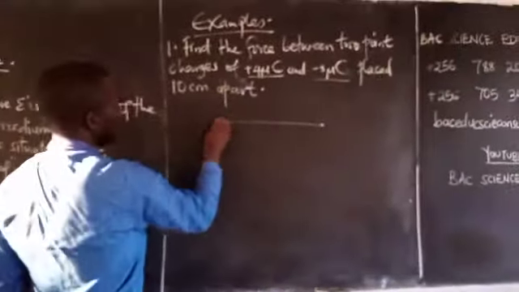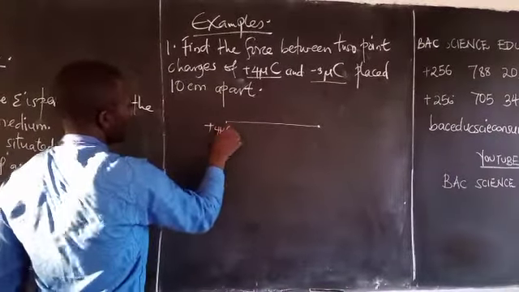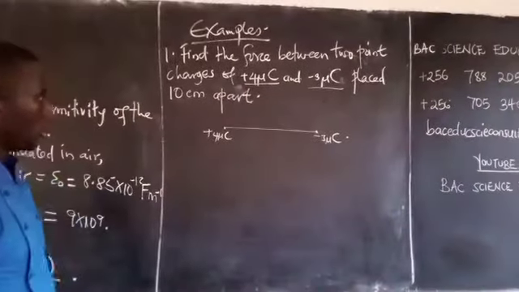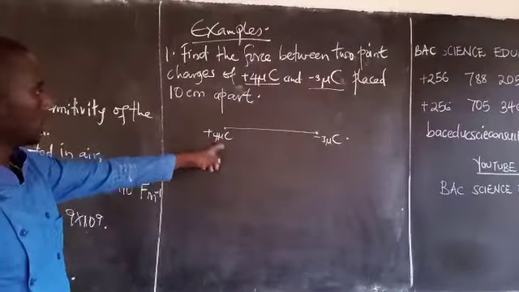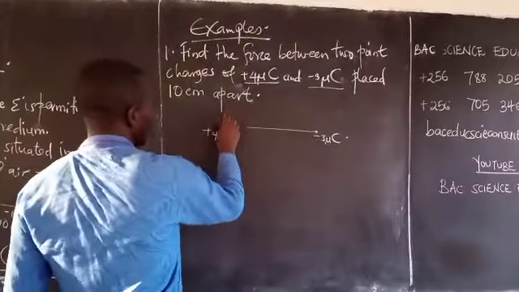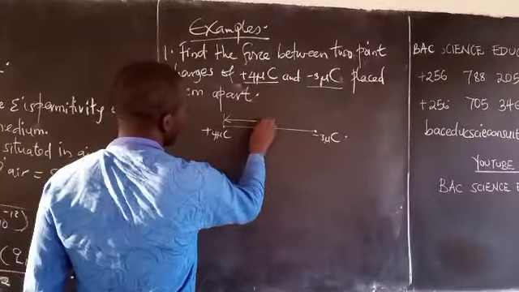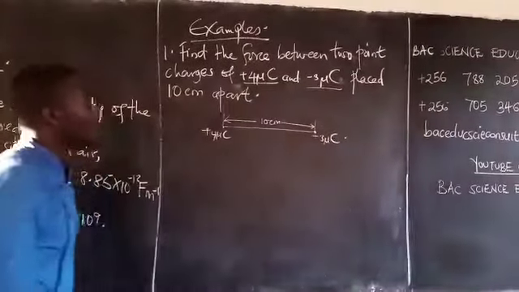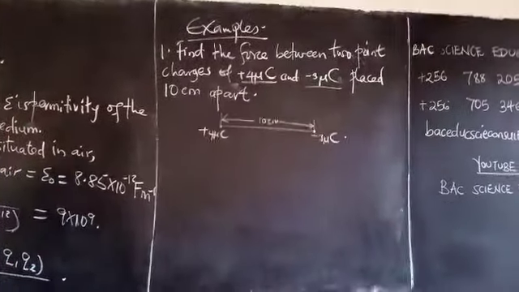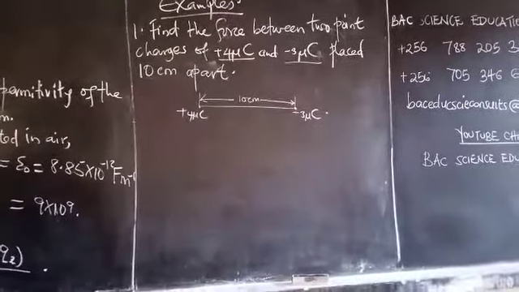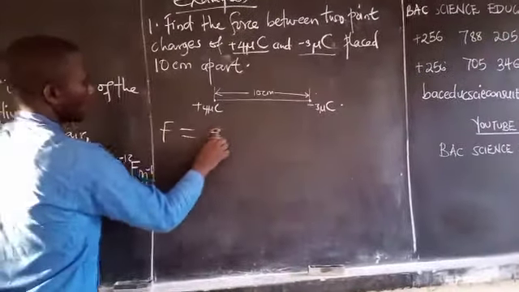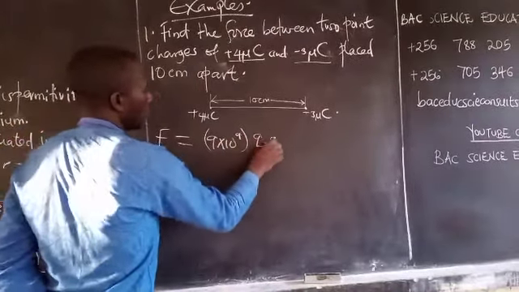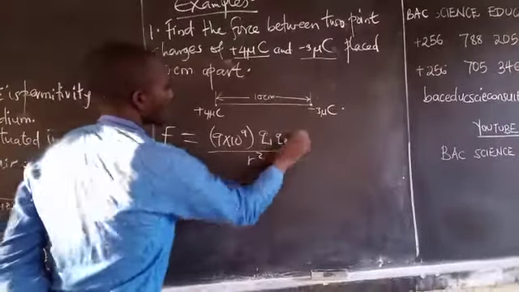Maybe this is plus 4, this is minus 3. These charges are very small, in this exponent negative 6. And we are told this distance is 10 centimeters. So what is the force between the two? We follow this one. We say that force equals 9 exponent 9 Q1 Q2 out of R squared.